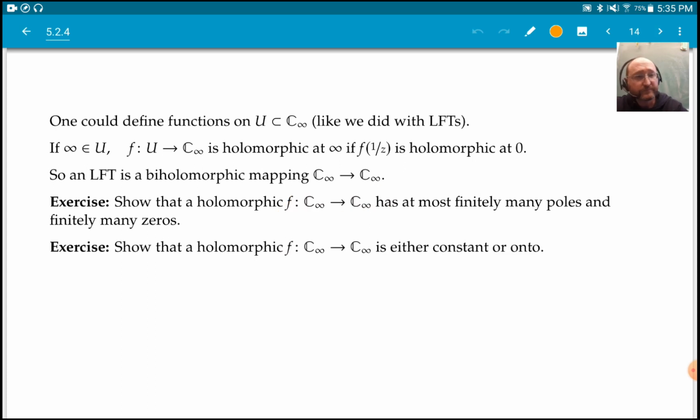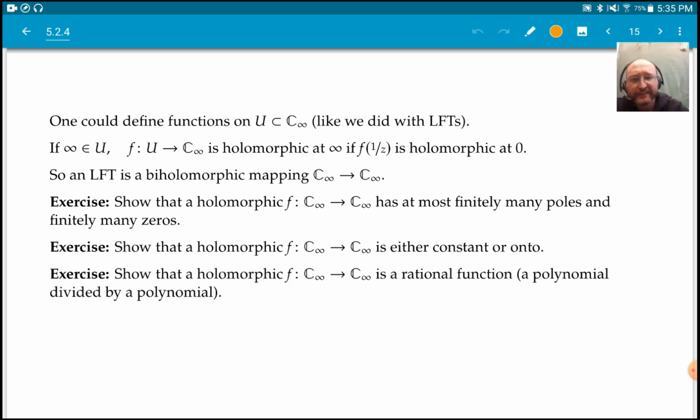Also, such a function is either constant or onto. That's another thing to prove. If it misses one point, it misses everything but one point.